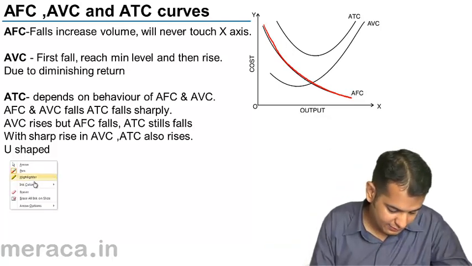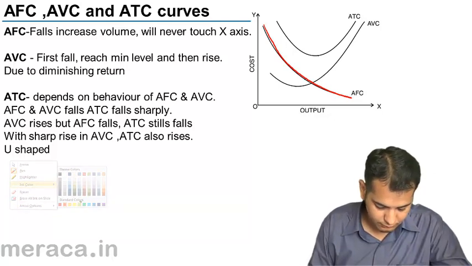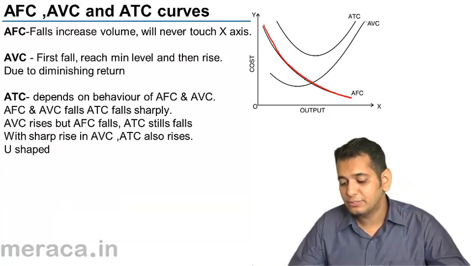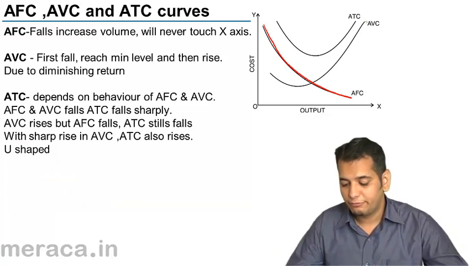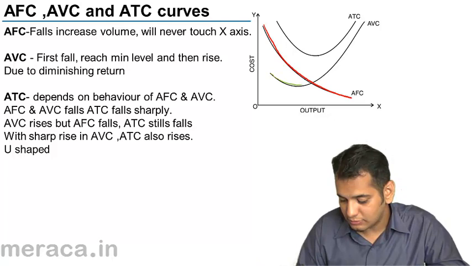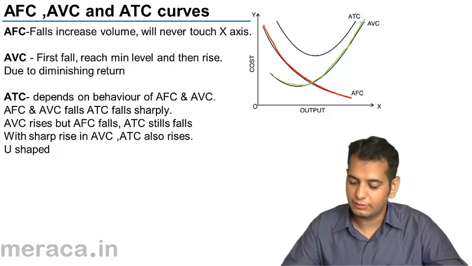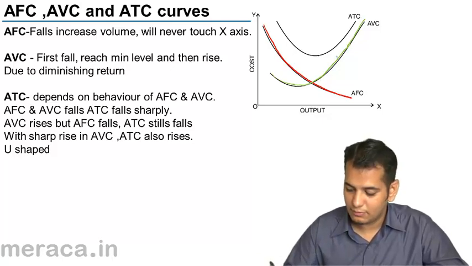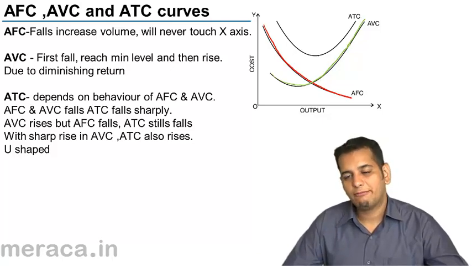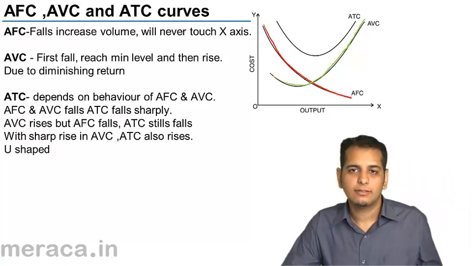What is the case with average variable cost? We've seen that average variable cost starts falling initially and after a point it tends to rise continuously. So average fixed cost keeps on falling.